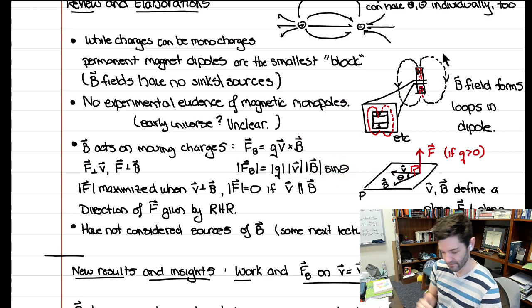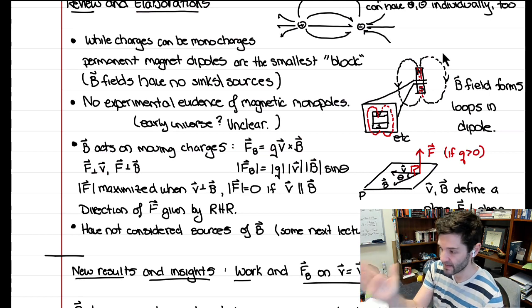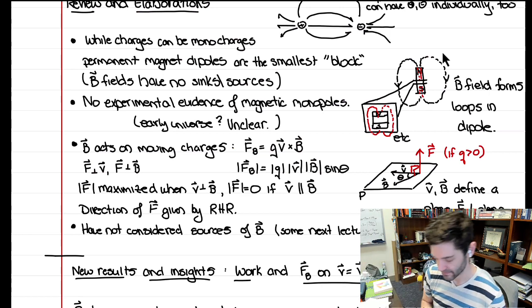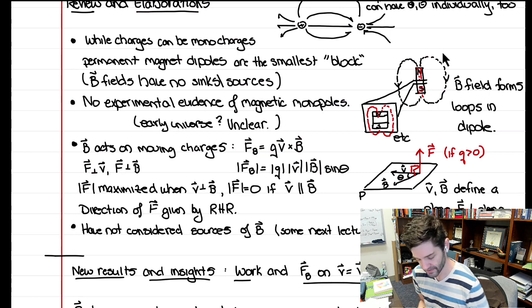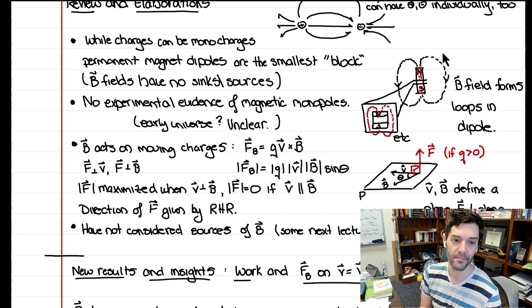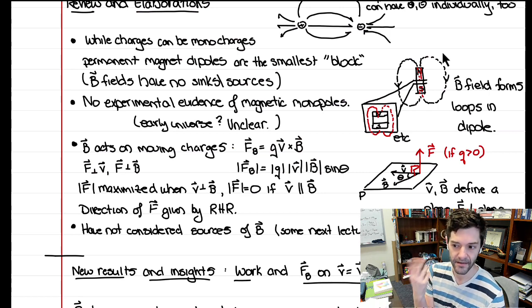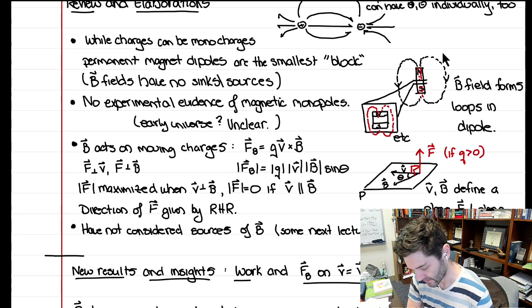So if we're given Q, V, and B, and they form a 90-degree angle, my cross product is maximized. The cross product is 0 if they're parallel or anti-parallel, which you can think of as a test of whether something is parallel or anti-parallel, just like how the dot product being 0 tells you that they are perpendicular.